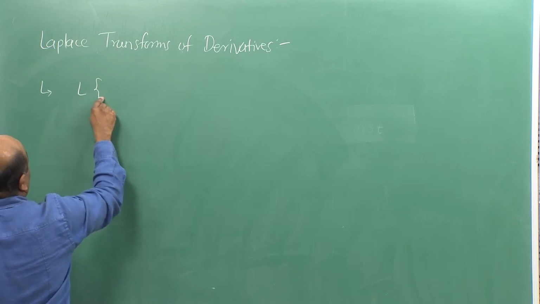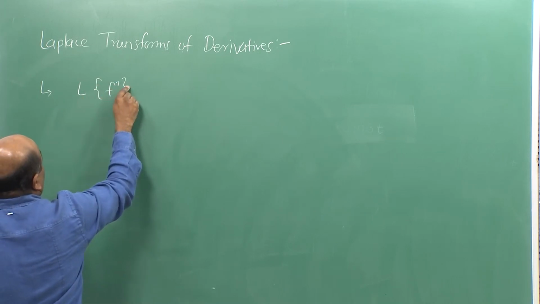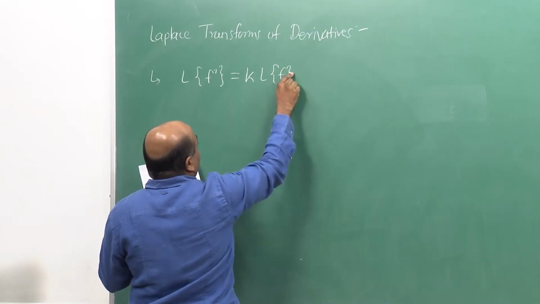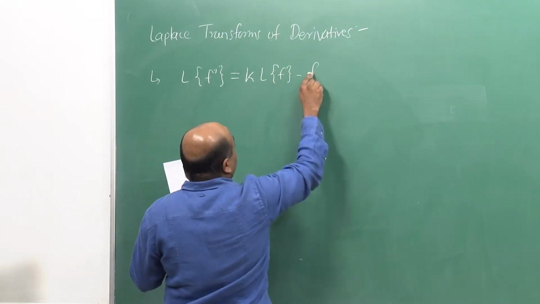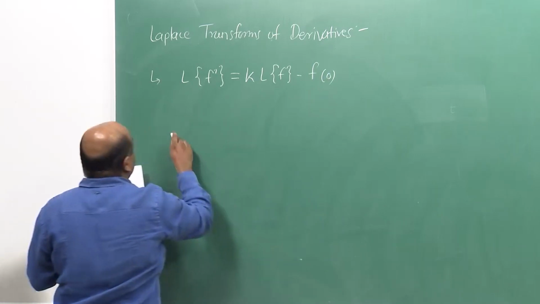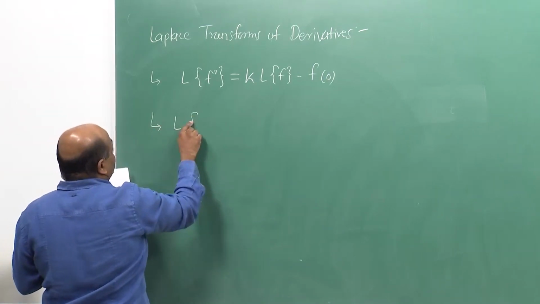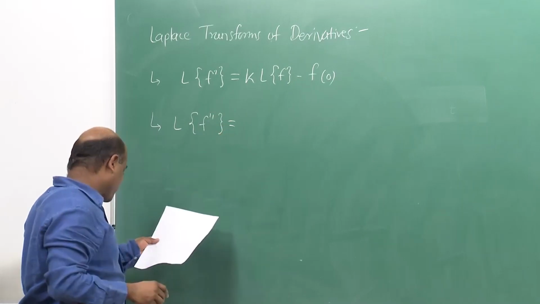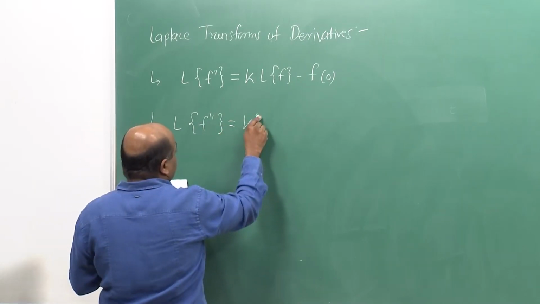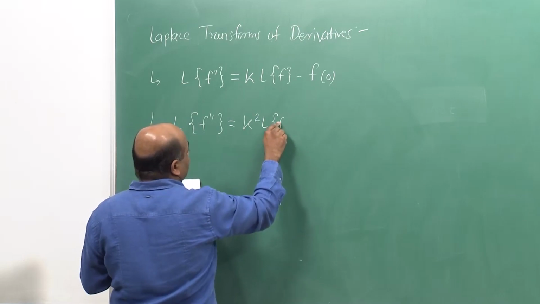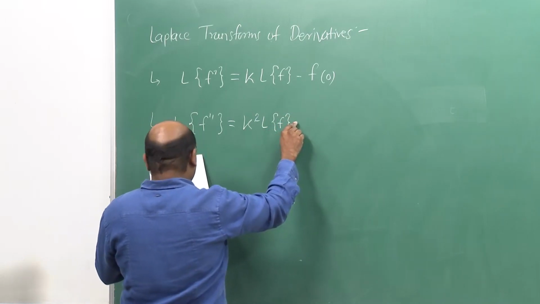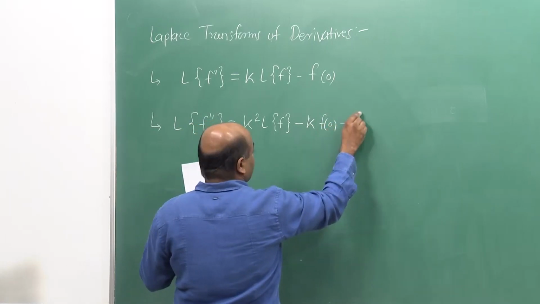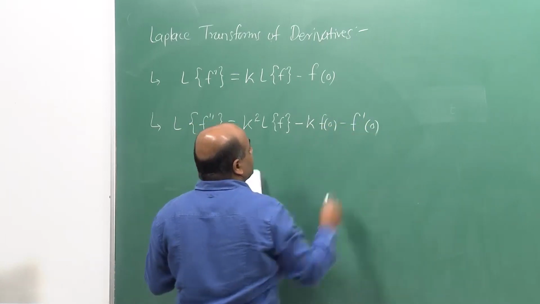Laplace transform of f prime will be k times Laplace transform of f minus f of 0, and the Laplace transform of the second derivative of f, that is f double prime, is equal to k square times L of f minus k times f of 0 minus f prime 0.